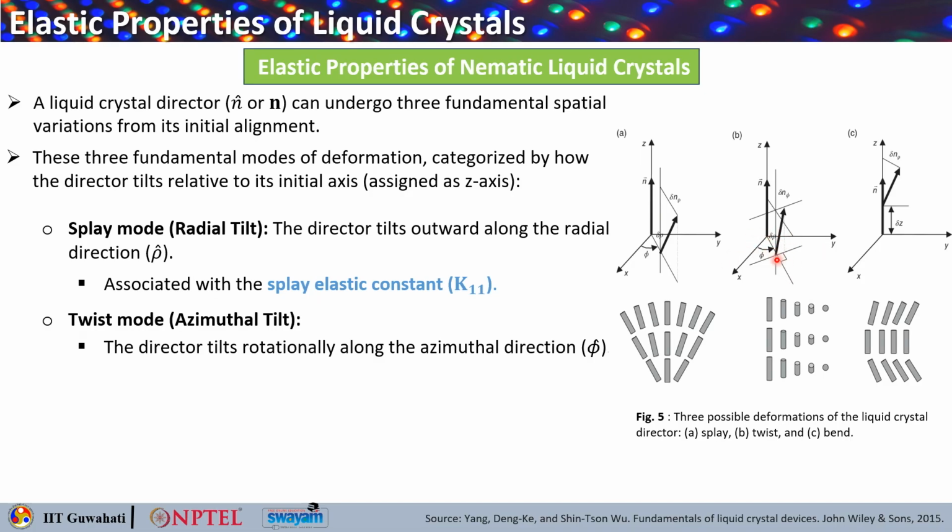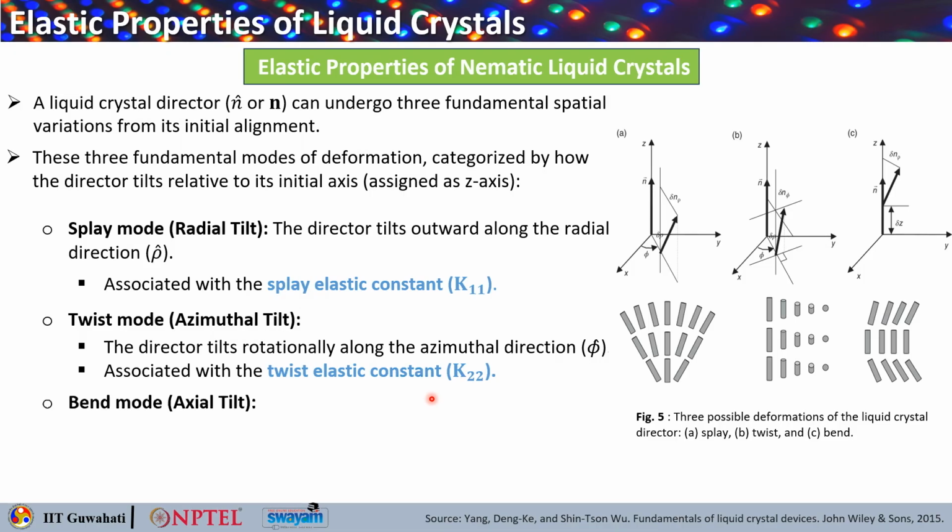Here you can see they are getting twisted. Here it was along z, here it becomes completely along xy. So it is azimuthal tilt: the director tilts rotationally along the azimuthal direction phi. You can associate this with the twist elastic constant K22.